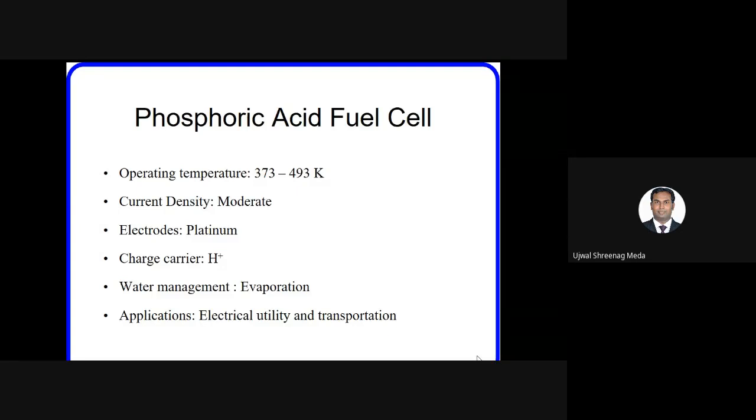So this is the overview. You always have to start with the overview, and there may be questions where you are asked to compare or differentiate between fuel cells where an electrolyte is alkaline solution, and in the other case the electrolyte is acid. In that case, you are free to compare alkaline fuel cell with phosphoric acid fuel cell. That is also a possibility.